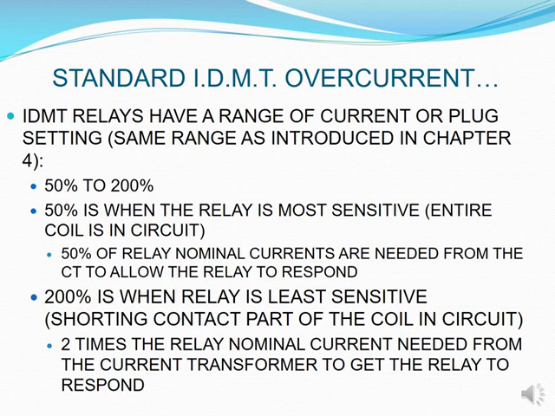So 50% is when the relay is most sensitive, which means it's position 1, and 50% of relay nominal current is needed from your CT to allow the relay to respond. Then at 200% is when your relay is least sensitive, which means it's at position number 5, and we call it the shorting contact part of your coil. So we say here that 2 times the relay nominal current is needed from your current transformer to get the relay to respond to this value of your plug setting.